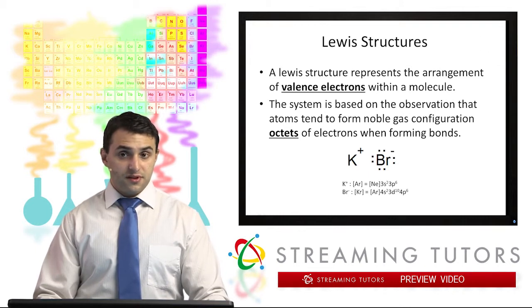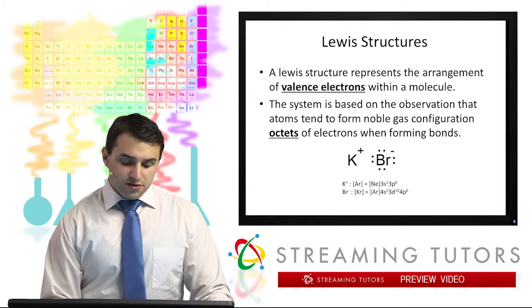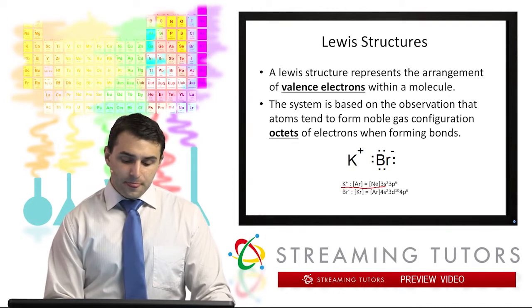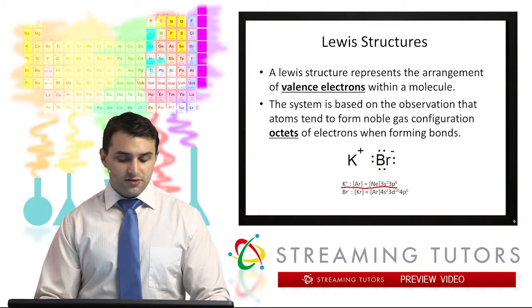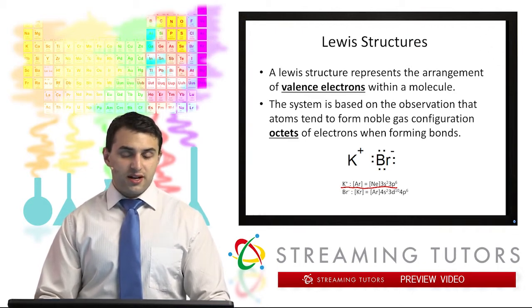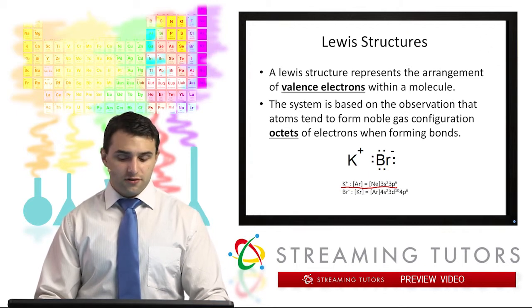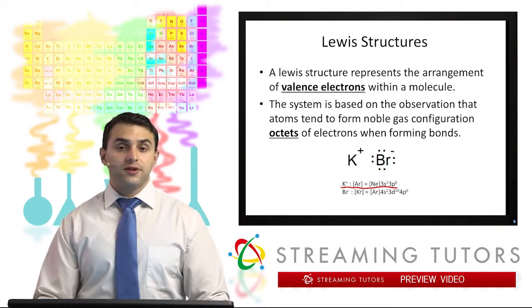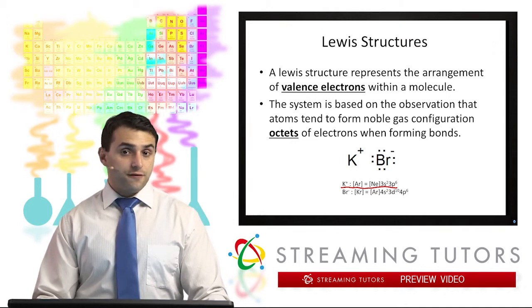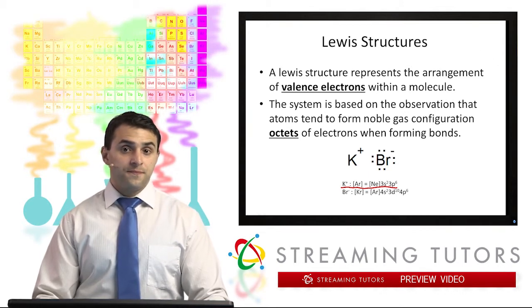The reasoning for this, we can look at through electron configurations. K plus has the noble gas configuration of argon, which is also equal to neon 3s2 3p6. Bromine is the same way. It has the noble gas configuration of krypton. One of the biggest motivations in drawing Lewis structures is that we want every atom to have a full valence shell, a noble gas configuration.